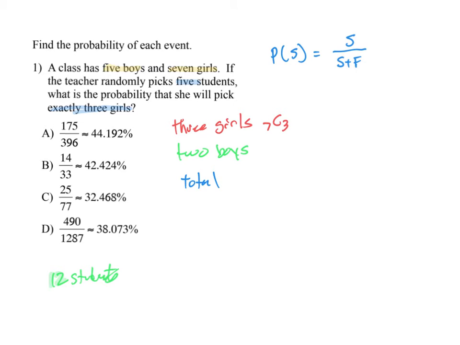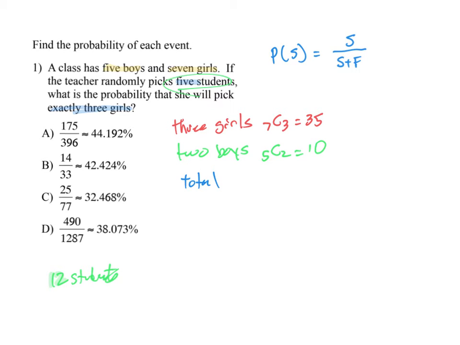And when you plug that in on your calculator or use the formula, you're going to get 35. There are 35 outcomes where we choose 3 girls. We have to do the same thing for the 2 boys. We have 5 boys to choose from, but we only want to choose 2 because we're picking 5 students total. When you do 5C2, that ends up being 10.